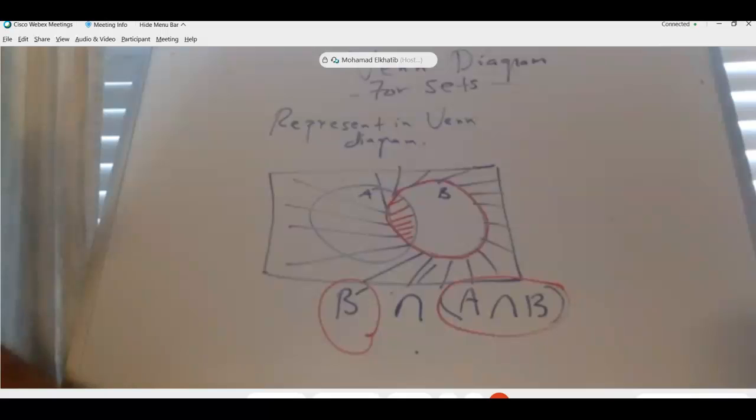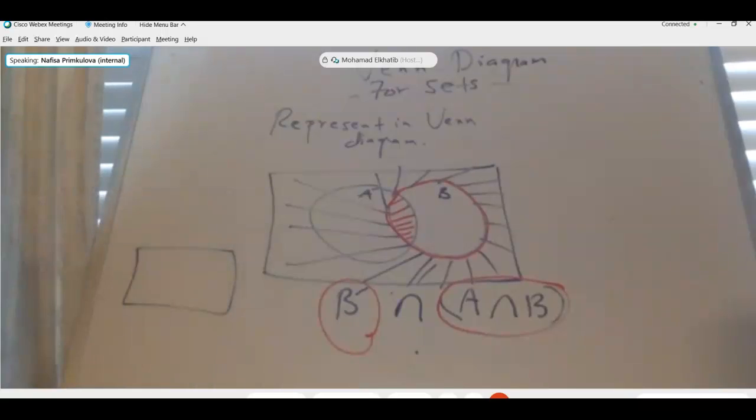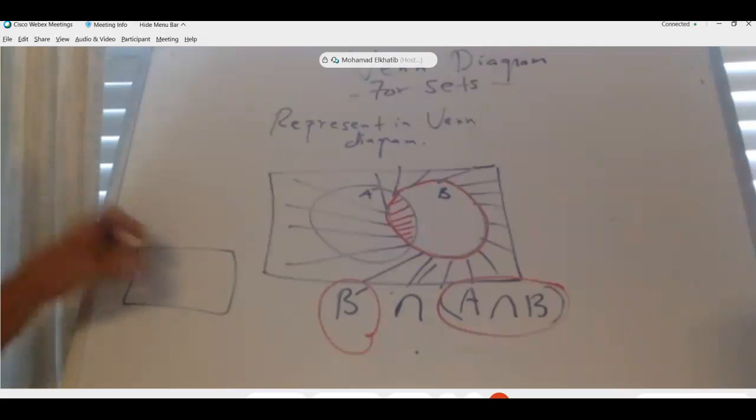Where do you see red and blue on top of each other? Do you see any place where red and blue are on top of each other? No. That's no solution. So what do you do in this case? The answer is blank. Blank means there is no shaded part. No answer, because when you shade, the shaded part is an answer.